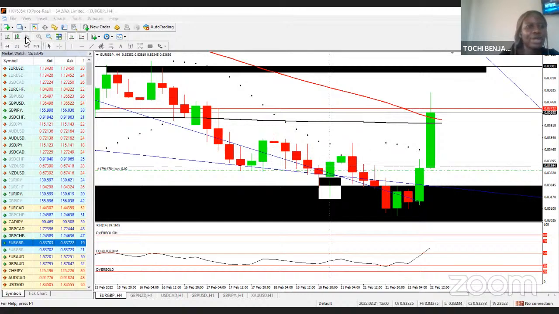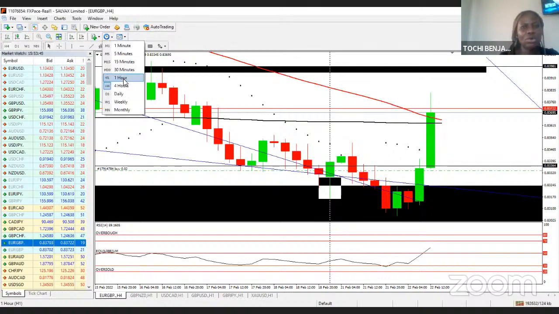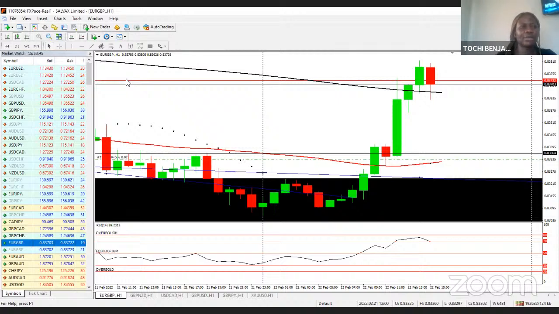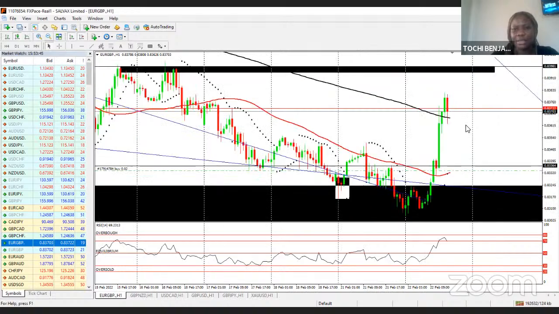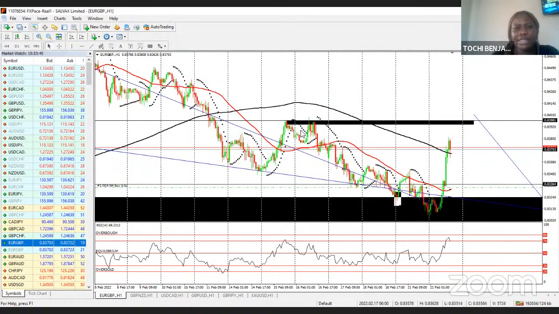Now go back to H1. That's why I said your time frame determines your exit point or your entry point. On your lower time frame, which is your H1, you can see this level already marked. This is a resistance level based on H1.